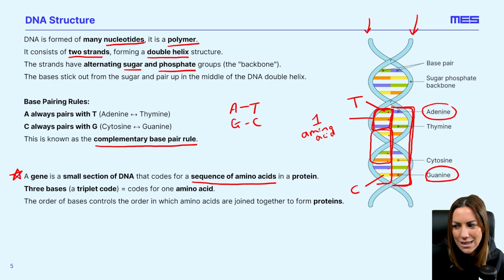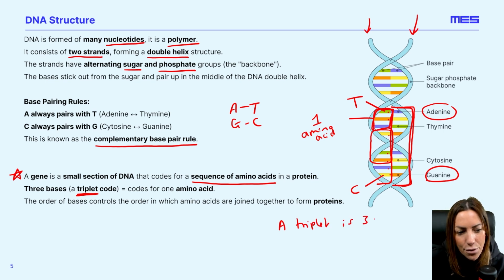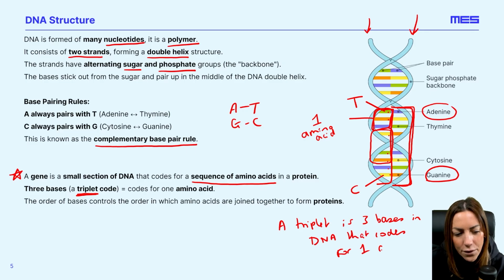So 3 bases code for 1 amino acid. Now we call these 3 bases a triplet. So you can say a triplet is 3 bases in DNA that provides the code for 1 amino acid. So it's a triplet code.